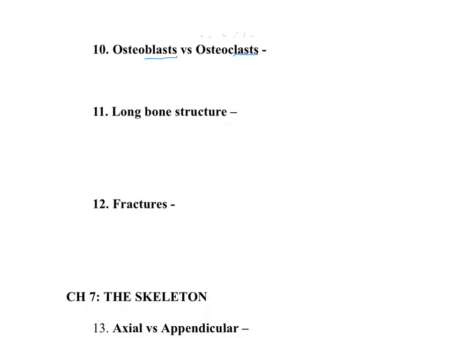The next bullet here at number 11 is long bone structure. Recall the major components of a long bone. You should have an idea about the glove that's covering the bone, that connective tissue protective glove, which is periosteum.